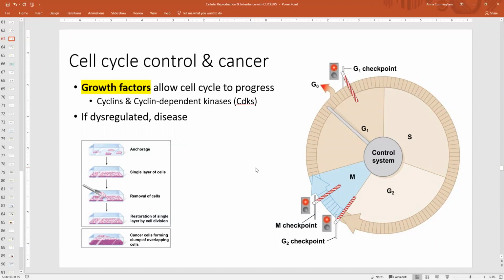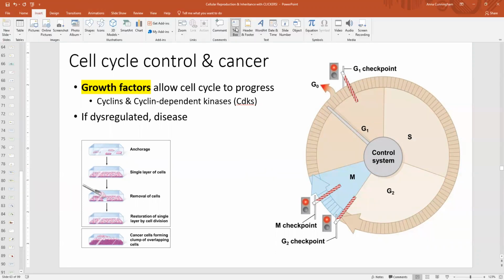So in order to tell the zygote to do that, you have to have extracellular signals, and those are called growth factors. We'll talk about those in a minute. Another way that a cell can decide whether it needs to grow or not is called contact sensitivity.